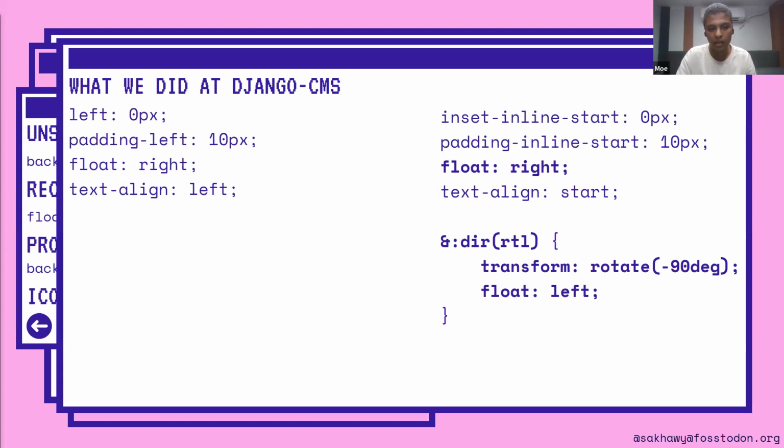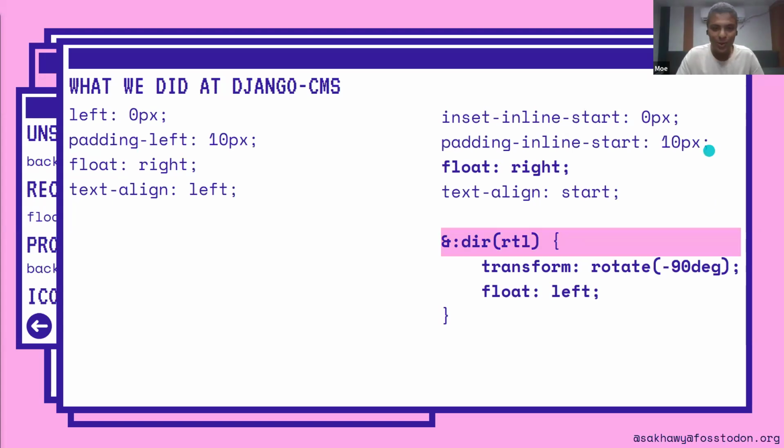This acts like a kind of if statement: if the direction is RTL, float to the left; otherwise, float to the right. This way, we don't break the styling with logical properties and logical values. This can also solve the icons issue. We can transform them however we like if the direction becomes right to left. Yep, cool.